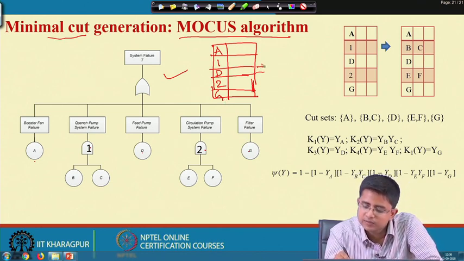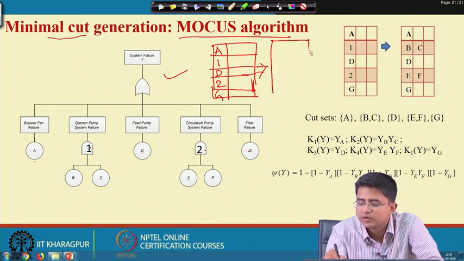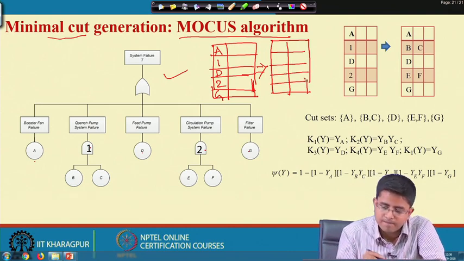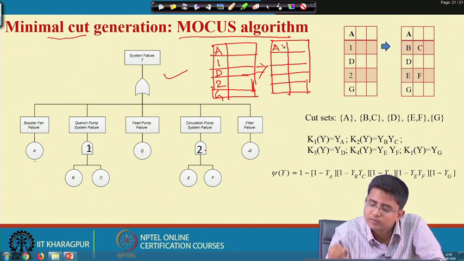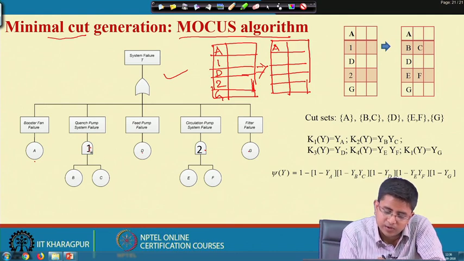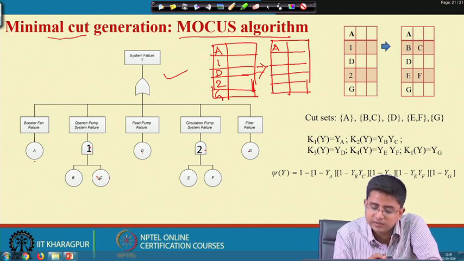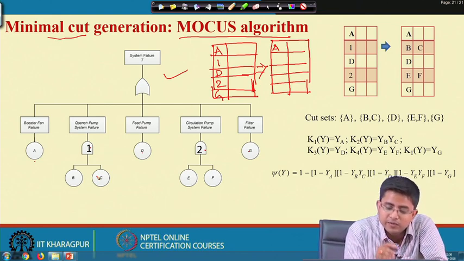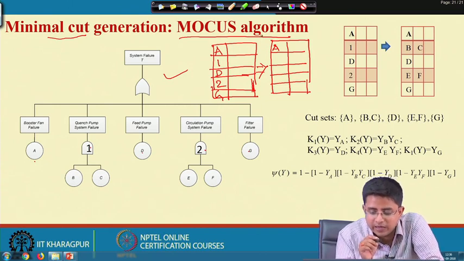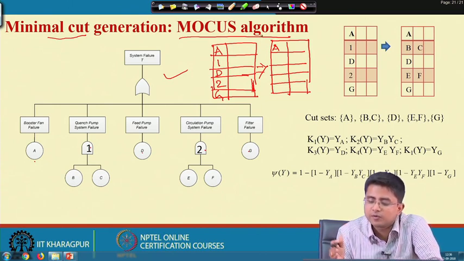Now from this we can get another matrix. A will be alone, then 1 is the AND gate, and the inputs are B and C, and we know for minimal cut generation using MOCUS algorithm, for an AND gate we have to increase the number of columns.